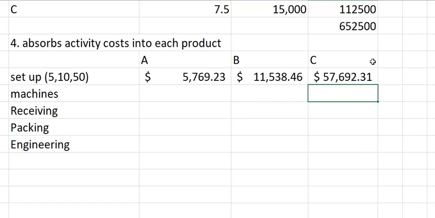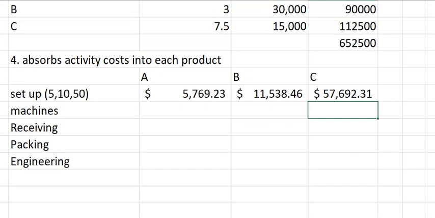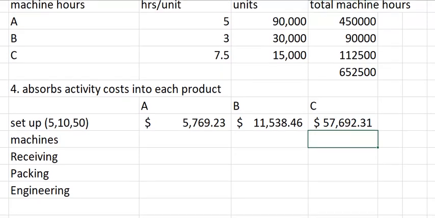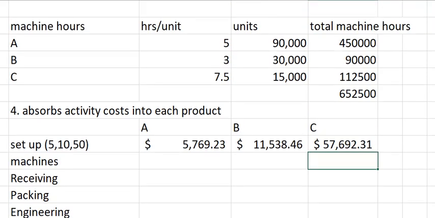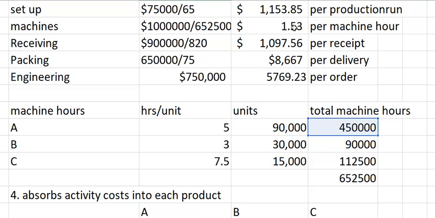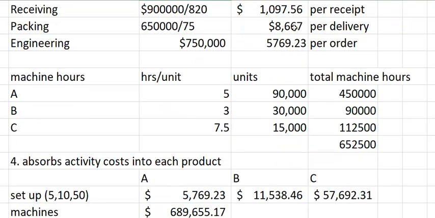Alright, if you have any question you can ask, please. The machines, we are using number of machine hours. So that's what we'll be doing. For A, we will take machine hours times the cost driver for machine. Cost driver rate was 1.53.